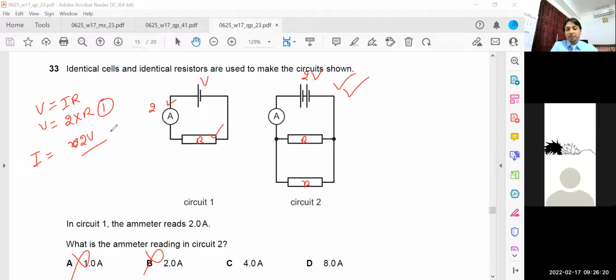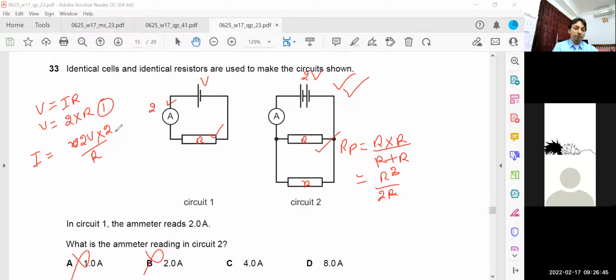So the resistance of the second circuit, let me first find the resistance. RP equal to R into R divided by R plus R. So this is equal to R square divided by 2R. One of the R cancels out. So I'm getting R by 2. That is the total resistance in the combination.